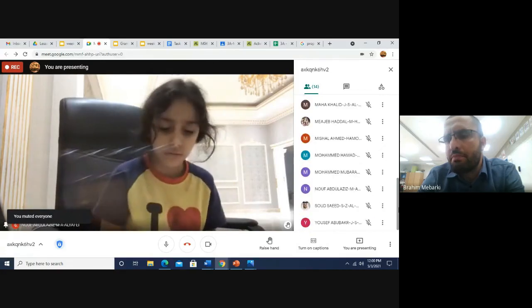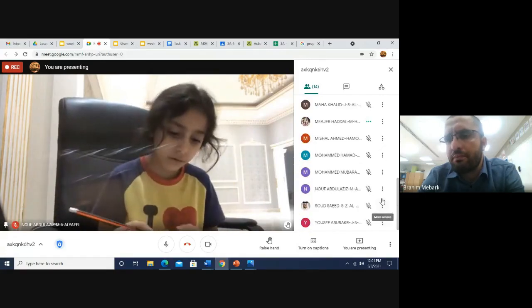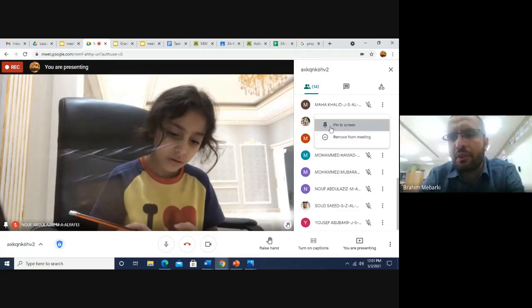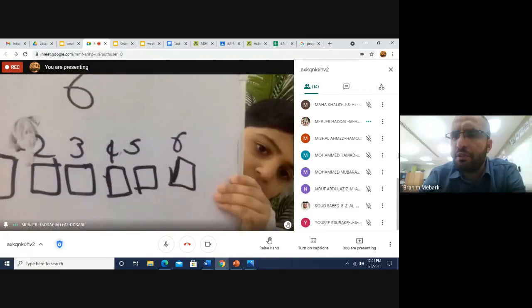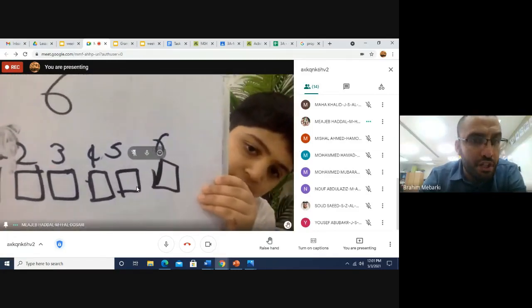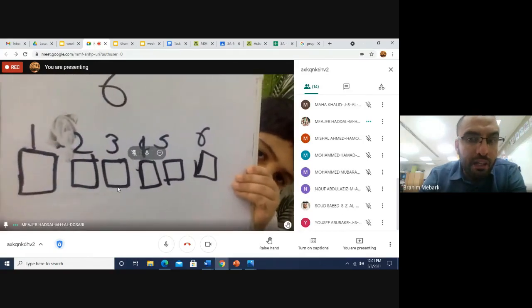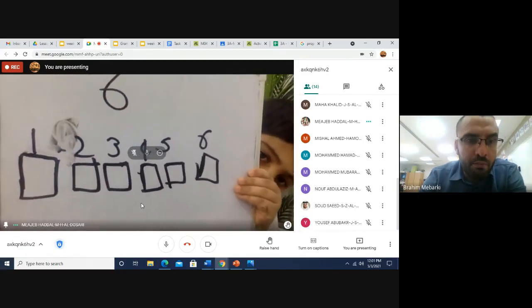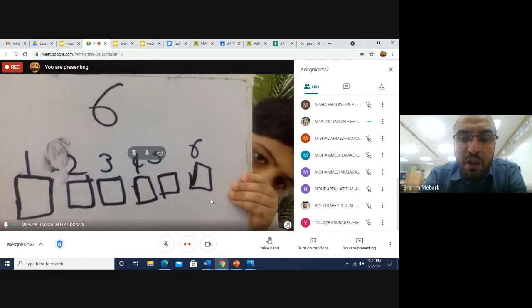Mu'jab, show me your work. Okay, very good. So these six squares will make a cube by joining them. Now, draw 12 edges.